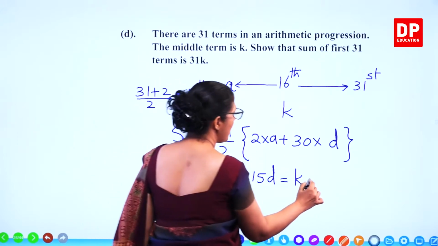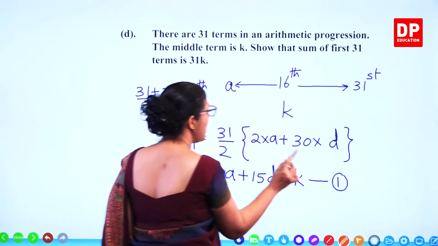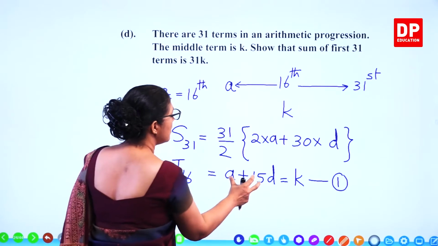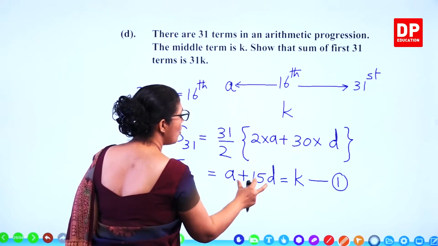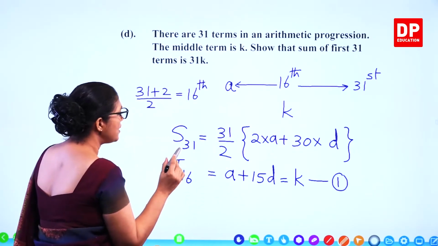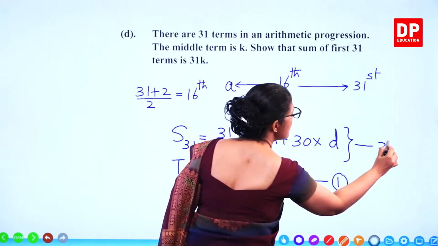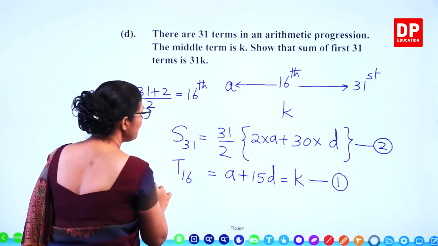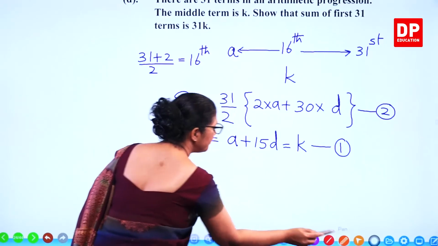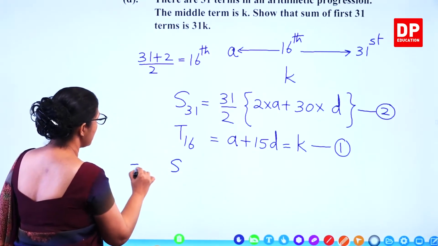Now we have two equations. So this is one equation and we need to plug somehow this one here. So we'll take the second equation and try to simplify. S31. So we are taking the second one.